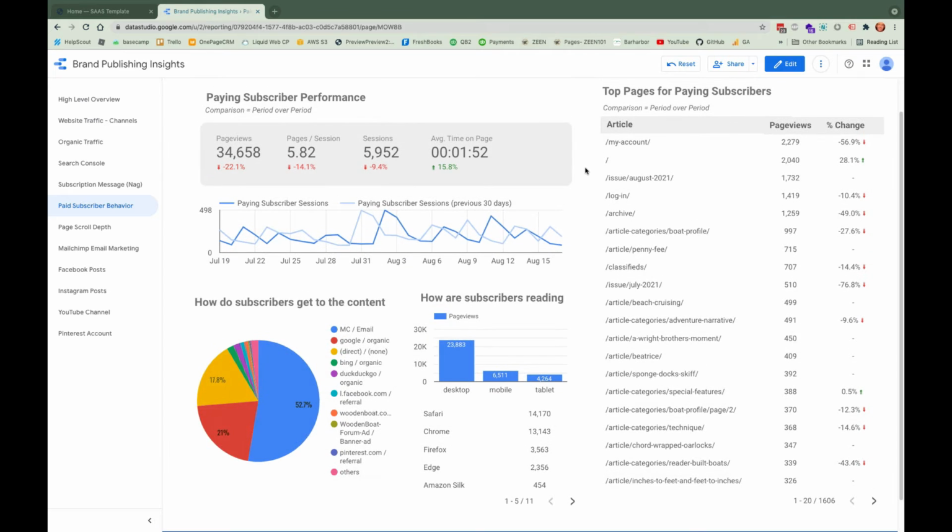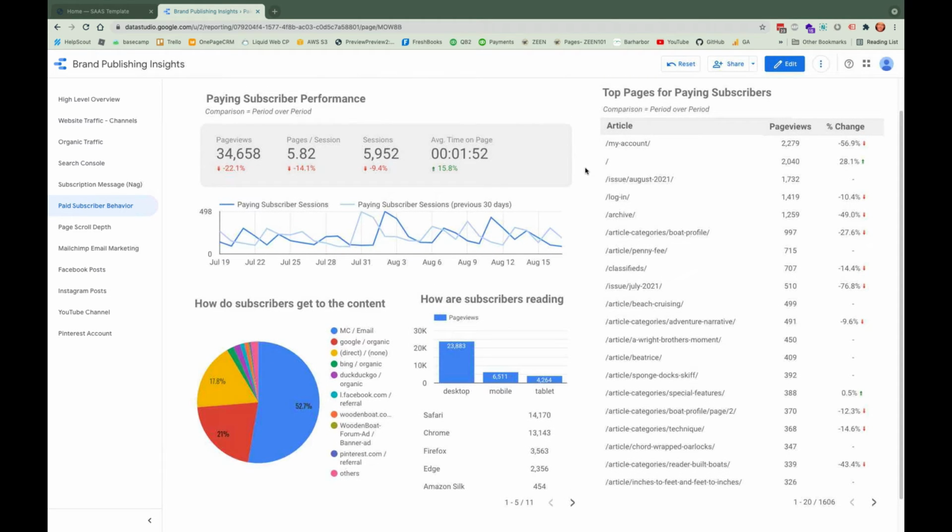Also mention one other thing. We have a different publisher we work with that what they do is they review their most popular pages every morning from the previous day.